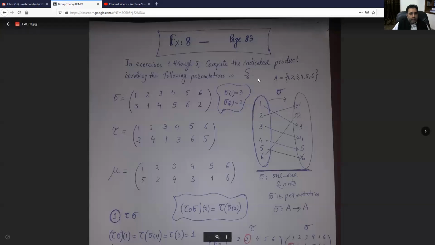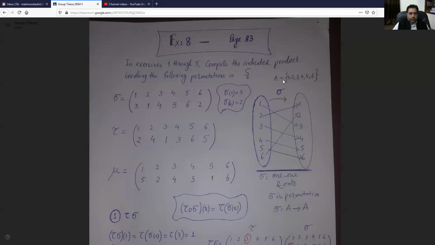So if you recall the previous lecture, of course for S6 the ground set is the set A having 6 elements, 1, 2 up to so on 6. And by rule I told you if a set has n elements, then there are n factorial permutations that can be defined on that set.